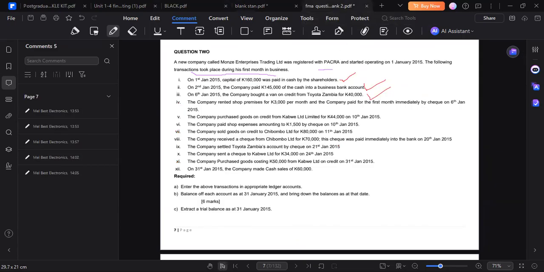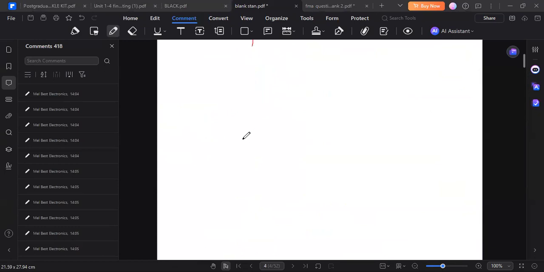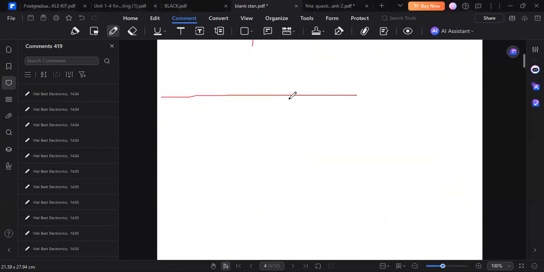All right. So we move on now, getting down to the other parameter. So let's answer this one. The company purchased goods from Cargo Limited for 44,000 on 10 January 2015. So you put purchases. You're going to open up an account called purchases account.